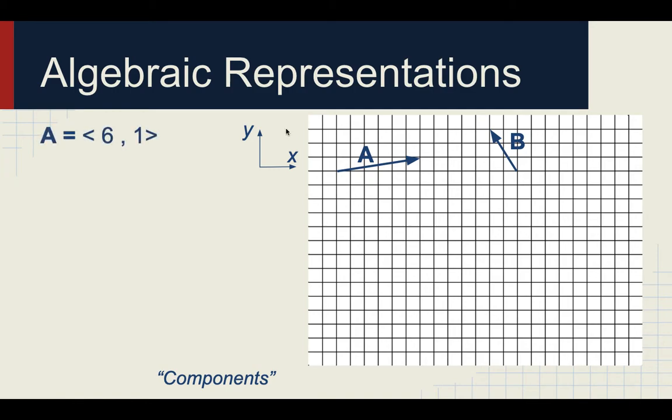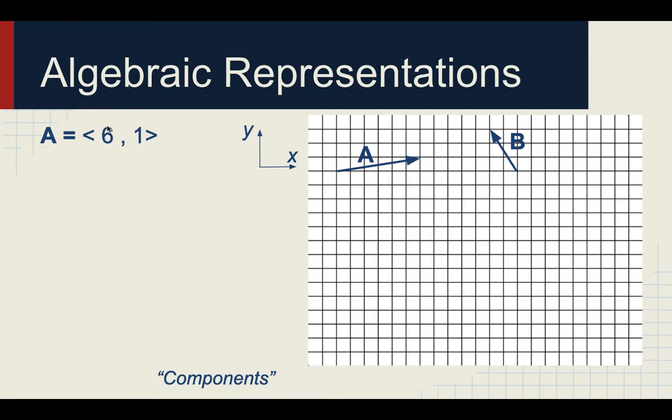So vector a would look something like that, because it's 1, 2, 3, 4, 5, 6 units of whatever. We don't know what kind of vector this is, so we don't know what it's measured in. But there's 1, 2, 3, 4, 5, 6 in the x direction, and 1 in the y direction.